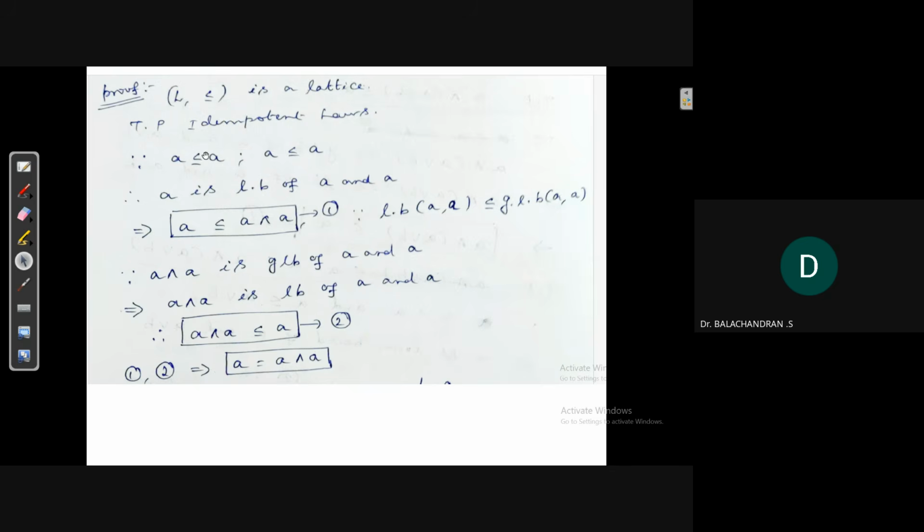Since A is less than or equal to A, similarly I am writing A is less than or equal to A. All of them are the same A, but for the proof we need to write it like this.